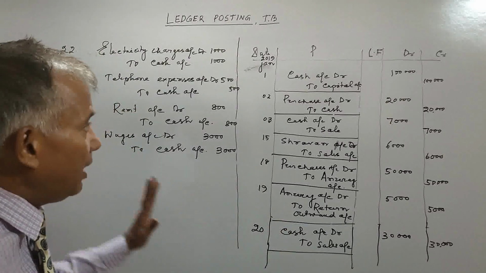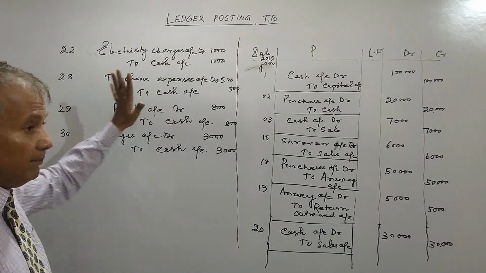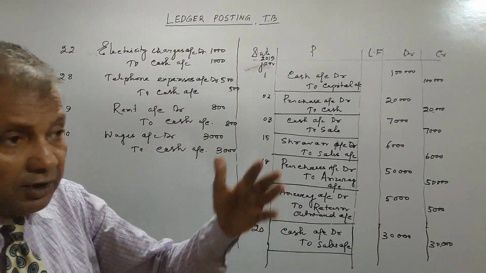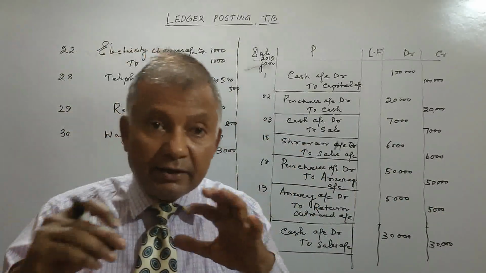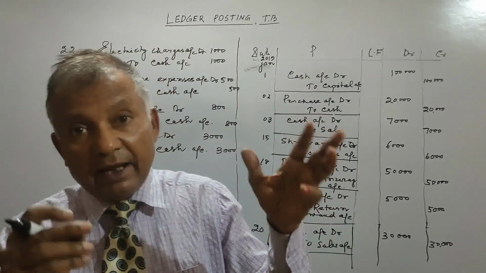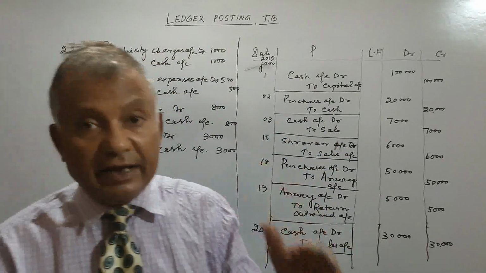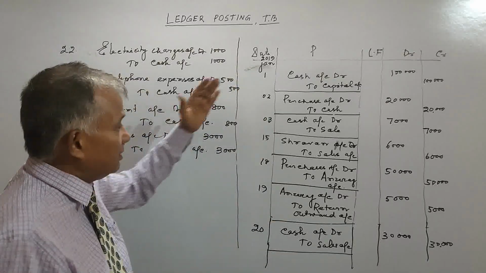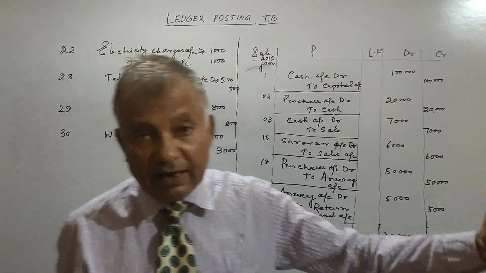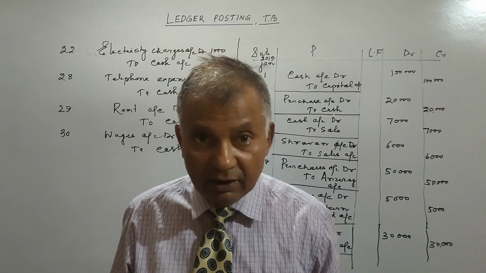This is all about the first step. But in the exam, you have to do the journal entry in your mind and make a direct posting to the ledger. In the exam, if you do the journal, prepare ledger, prepare trial balance, it will take time.